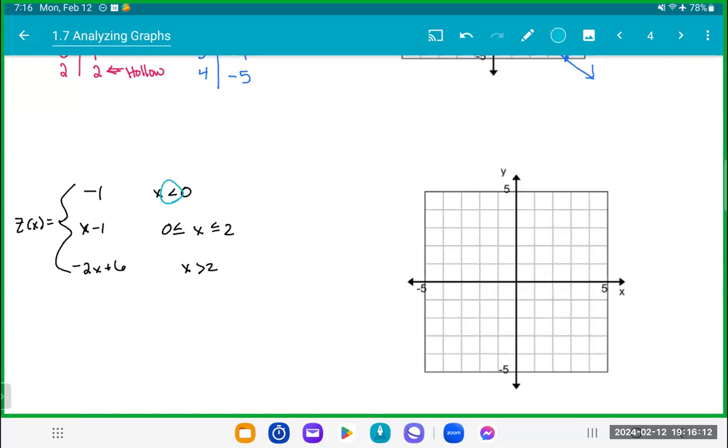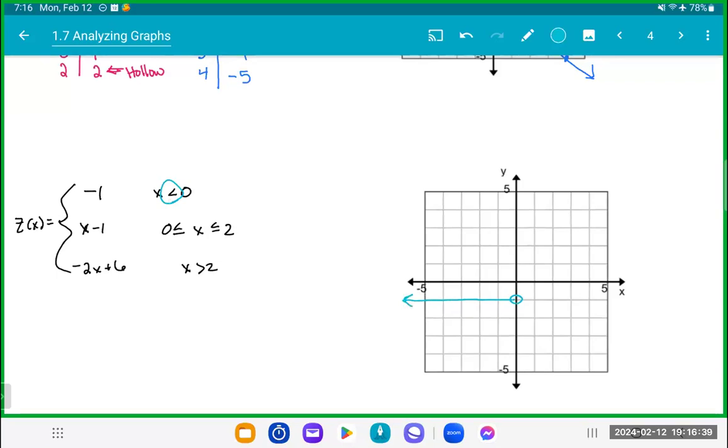Okay, so x equal to 0, my y is -1, so I'm going to just put a hollow here. And it's -1 all the way across. Okay? Does everybody see how I came up with that? Can you repeat that one more time, please? Yes.